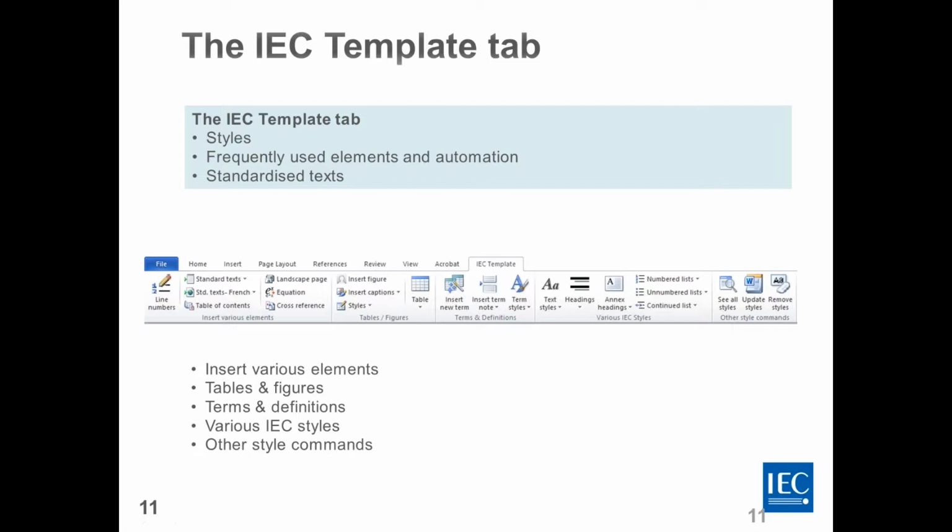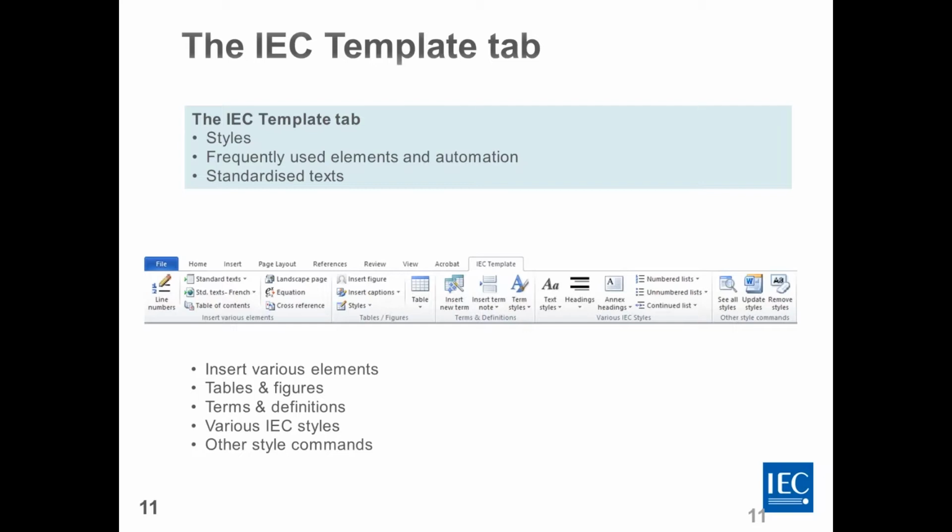The second section deals with tables and figures, so you can insert a placeholder figure or table, and insert automatically numbered captions, so figure titles and table titles with numbers that will update automatically if you were to add or delete tables and figures as you're drafting your document. And then here there's a drop-down menu for the Word styles to do with tables and figures.